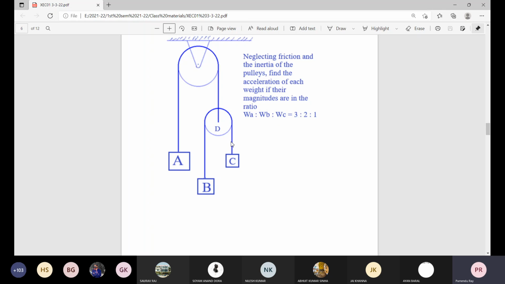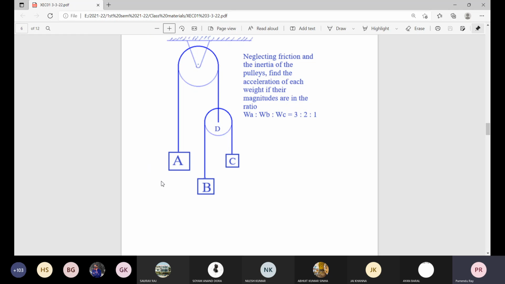So naturally, in this case, if we consider this portion only, the moving pulley, there will be some relative acceleration of block B and block C with reference to this point D. At the same time, whenever some accelerations are developed here, tension will not be like the simple self weight of these blocks. So tension will be different. That tension transmitted through this will not be the total weight, that is 3W.